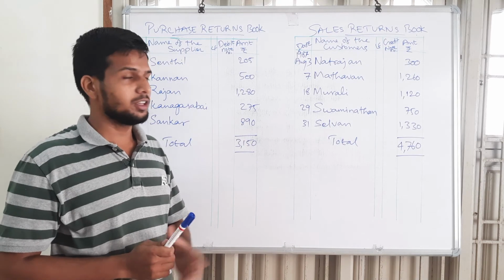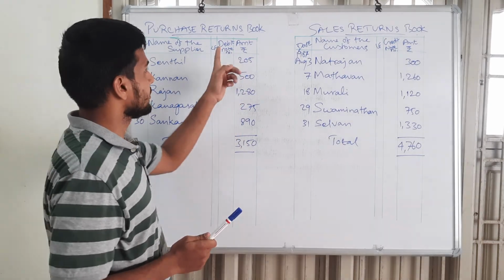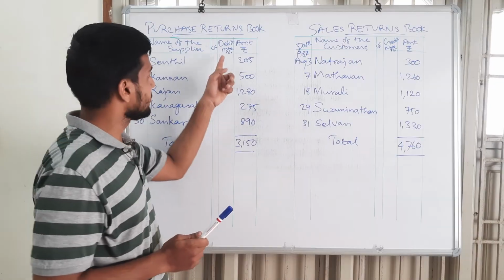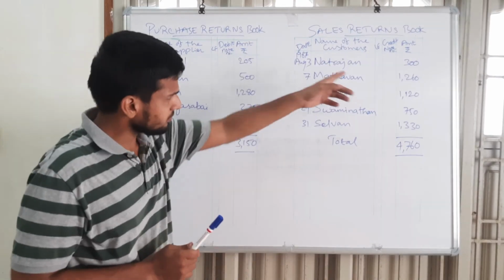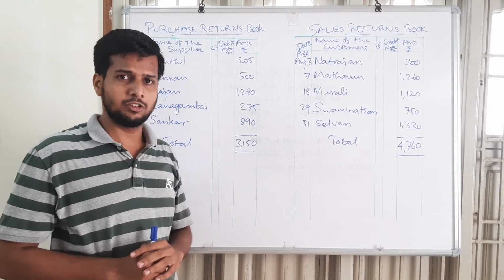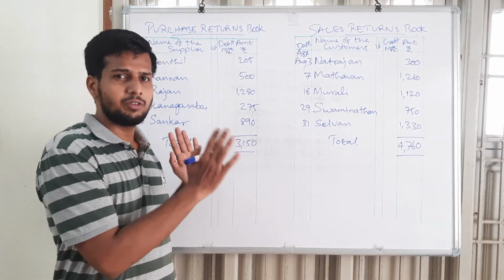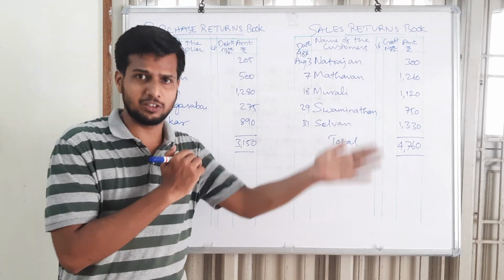These two must be replaced. The only change is that the inward invoice number must be replaced with the debit note number, and the outward invoice number must be replaced with the credit note number. So this is the replacement when comparing the purchases and purchase returns books with the sales and sales returns books.